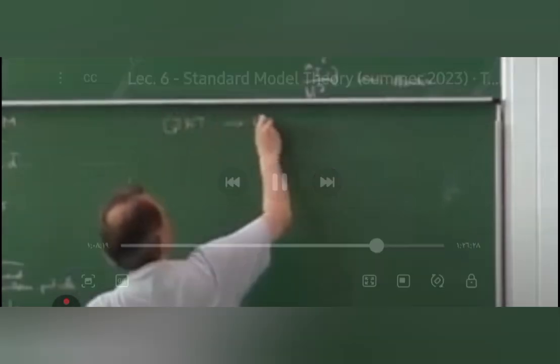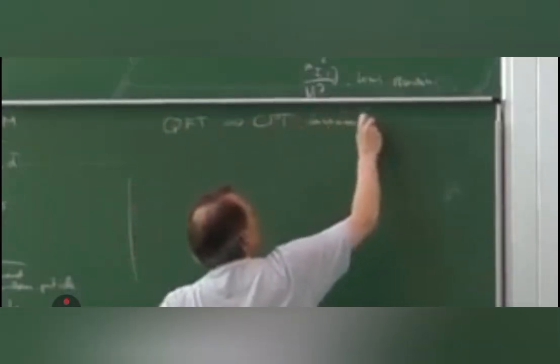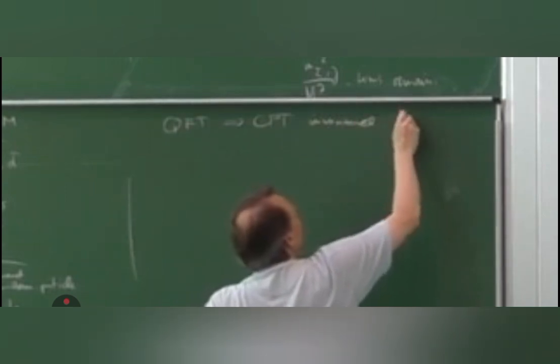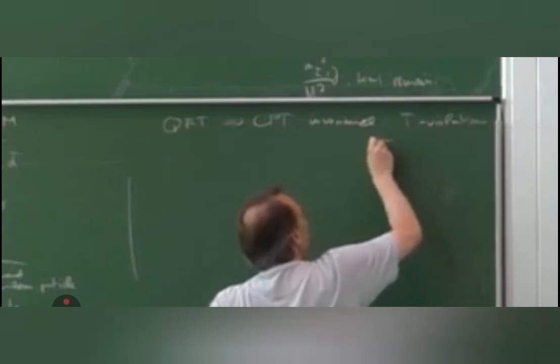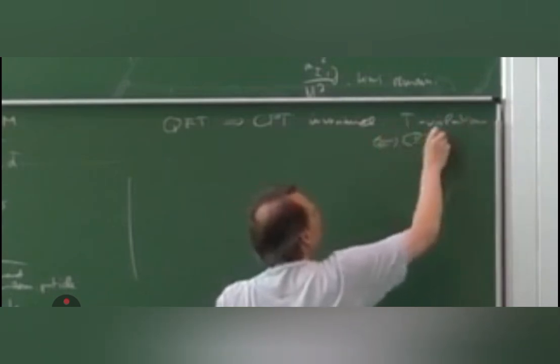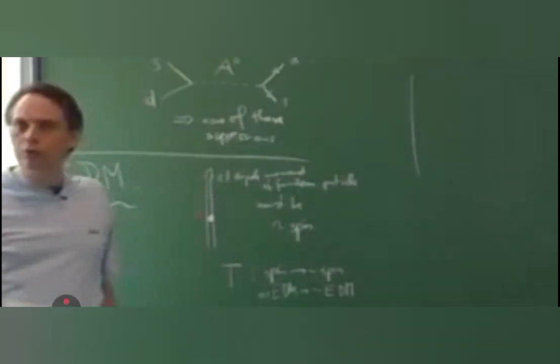And from quantum field theory, without proof, we know that there is always CPT invariance. Hence, T violation is equivalent to CP violation. So therefore, electric dipole moments of fundamental particles like electron, proton, neutron, and so on are a sign of CP violation. Good.